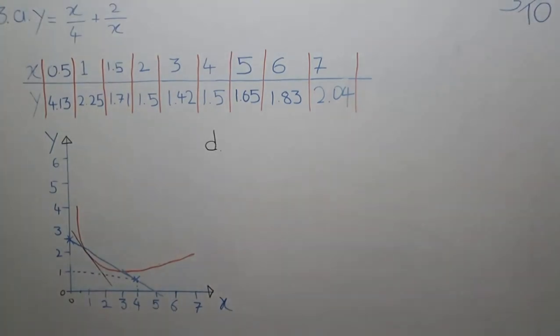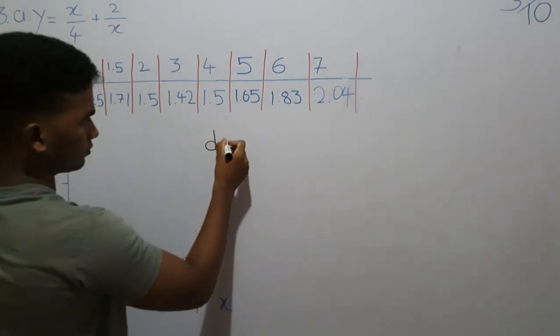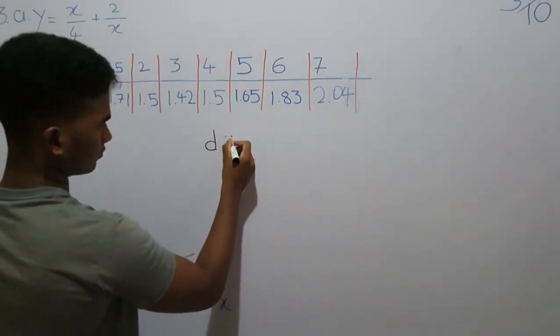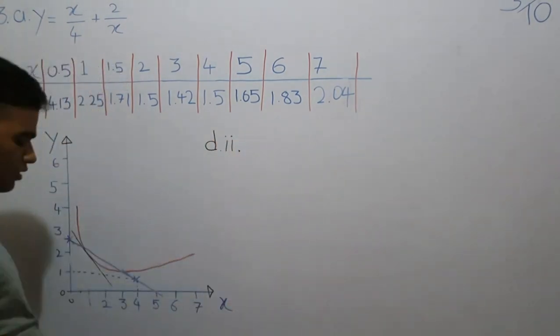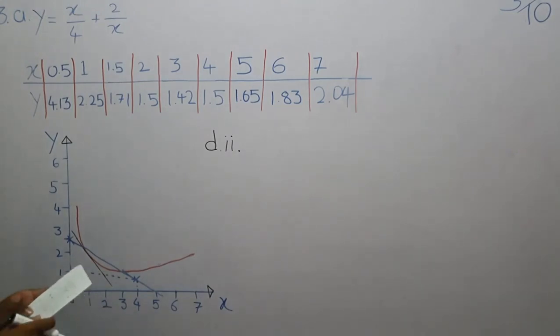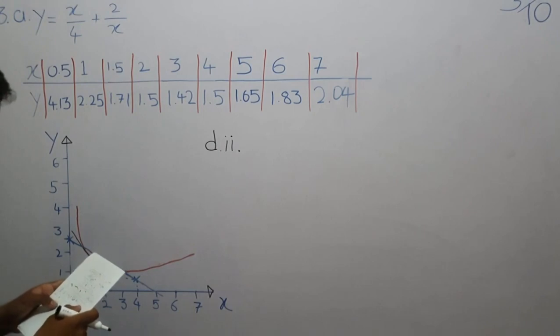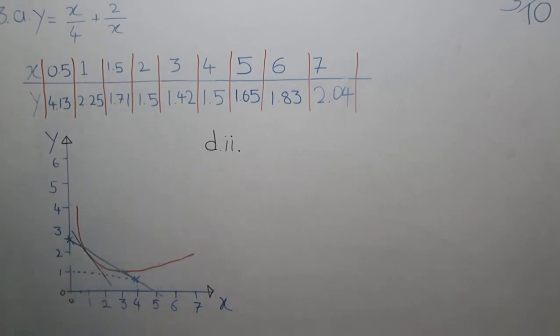So moving on to part B, Roman numeral 2. They ask, write down the x-coordinates of the points of intersection of the graphs. So these are the intersection points, this and this.